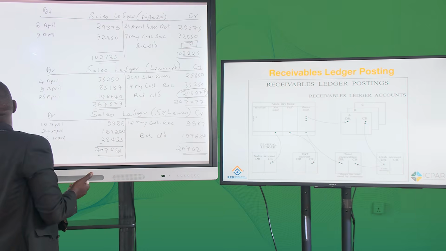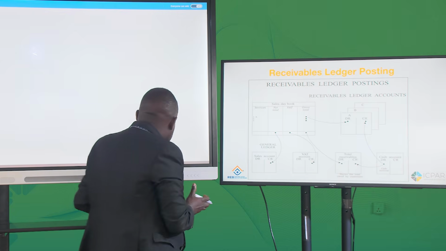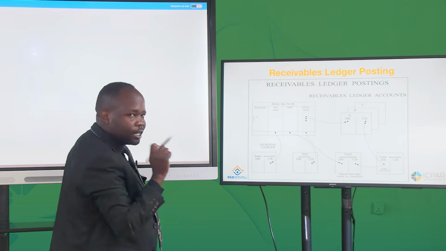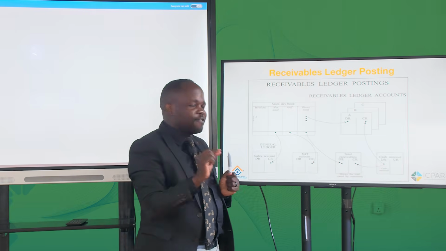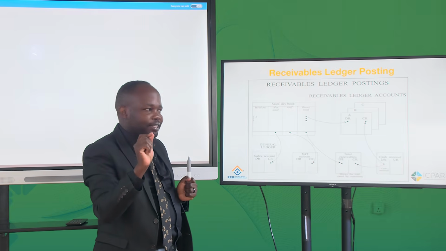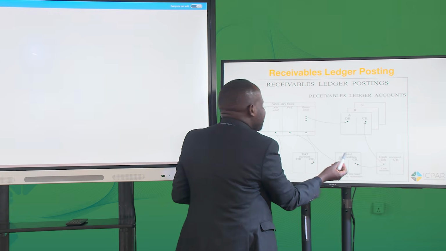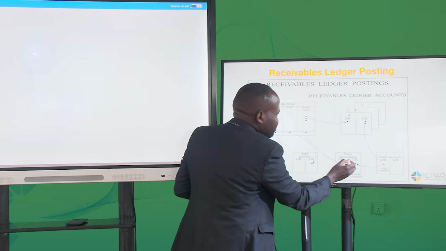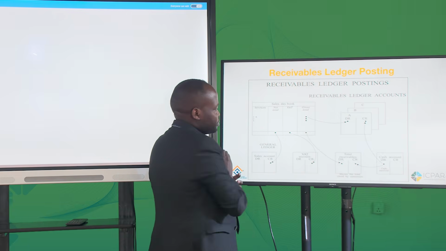Now, a pictorial representation of what we have already talked about. We are in the topic receivables ledger, or sales ledger. The entries we post in the receivables ledger come from the day books.